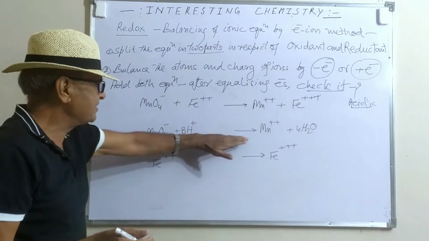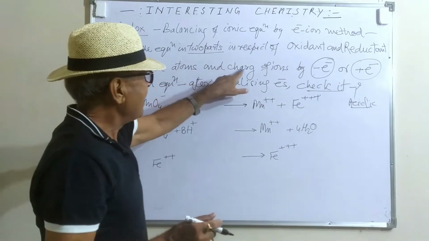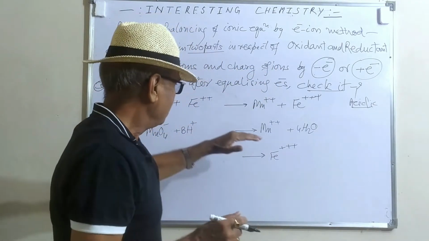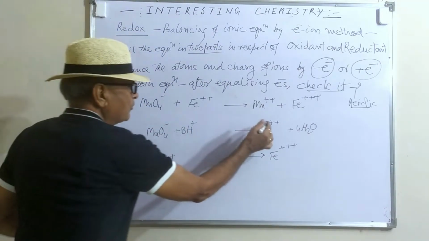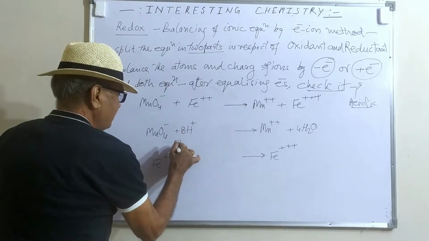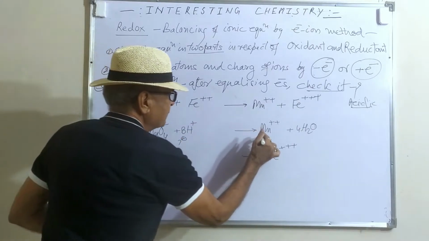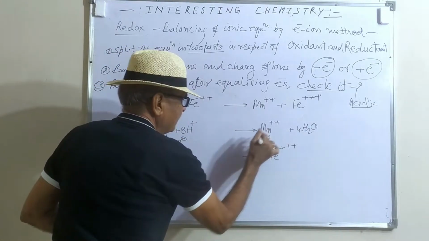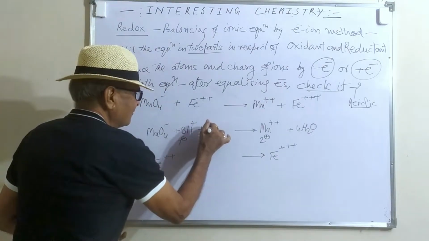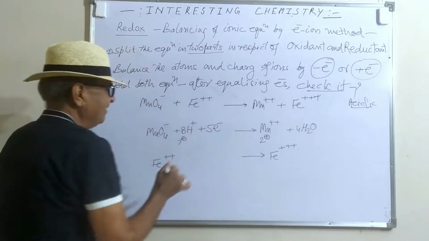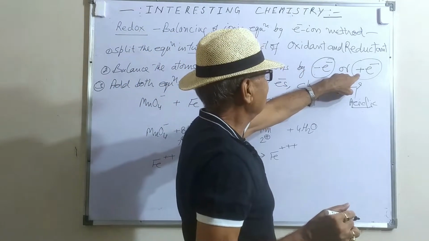Now balance the charge of ions. Here it is 7 positive, and here 2 positive. Then how will you balance it? Add 5 electrons.